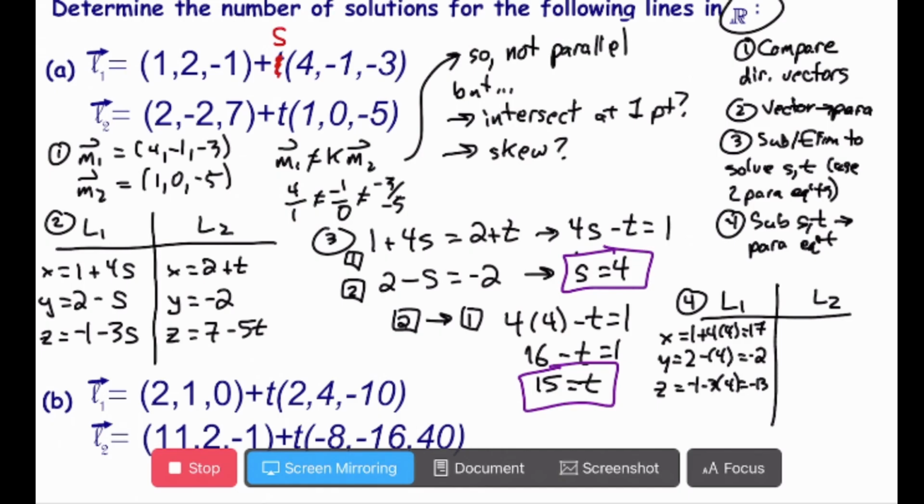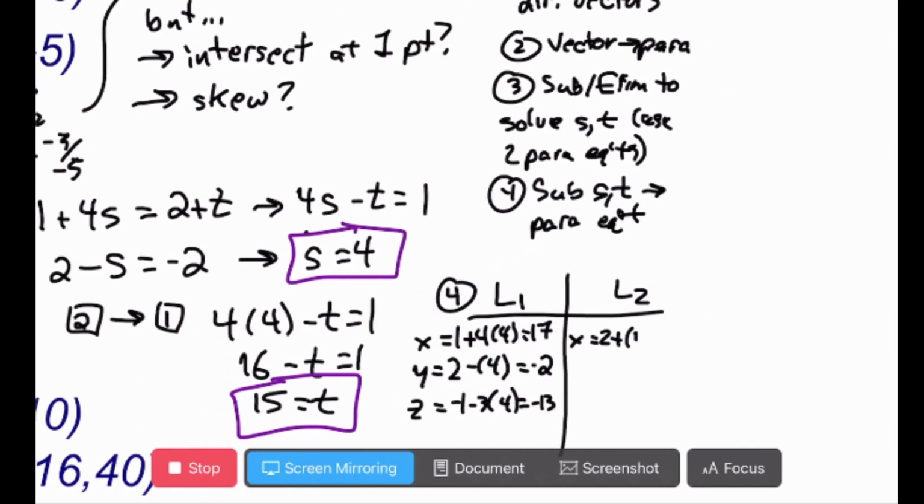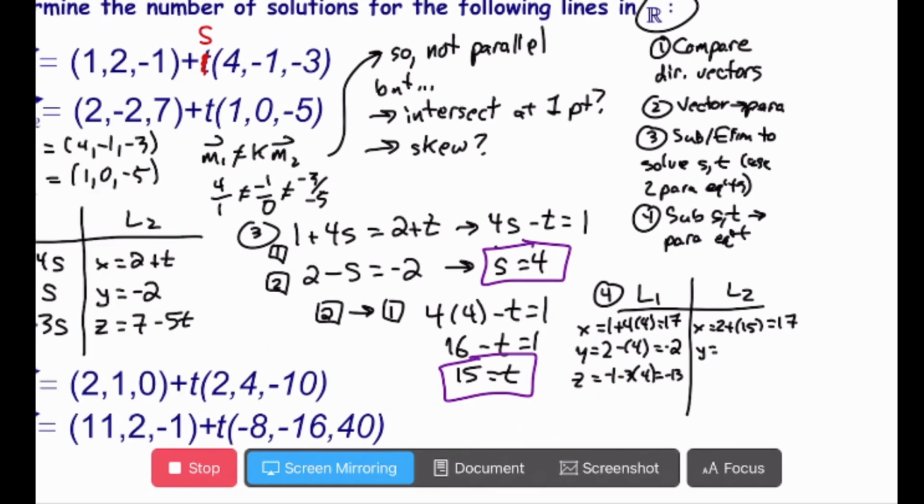For L2, x equals 2 plus t, which is 2 plus 15, which is 17. That's the same as in L1. That's encouraging. y equals negative 2. Same. That looks encouraging. And z equals 7 minus 5 times 15, and we're going to get a value of negative 68.